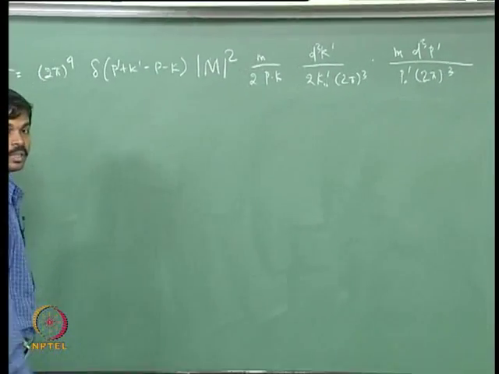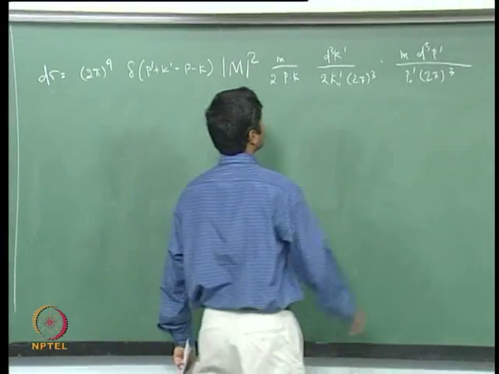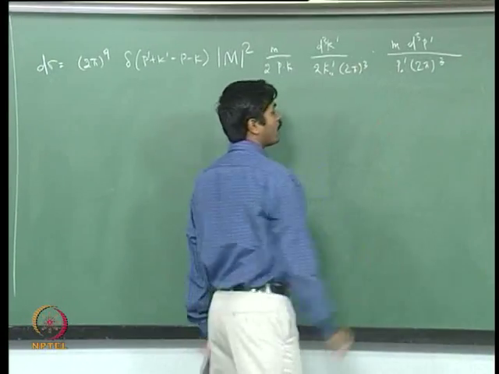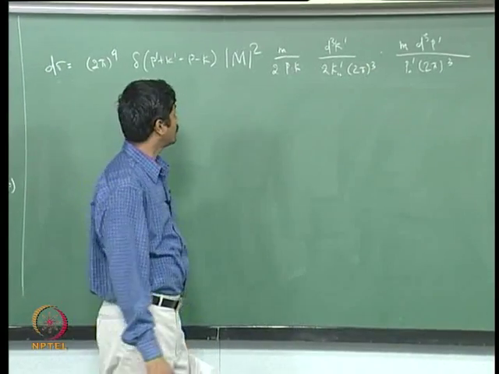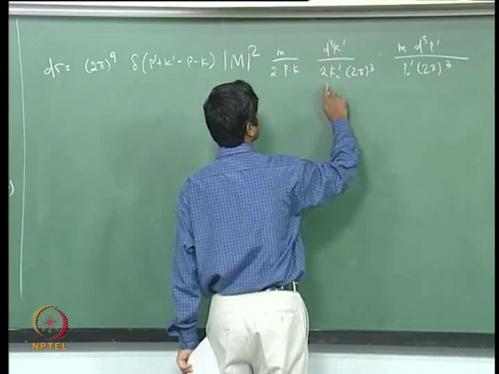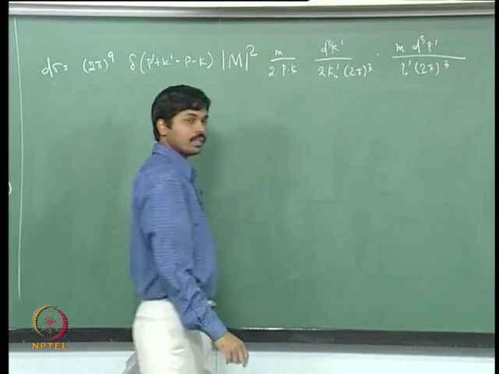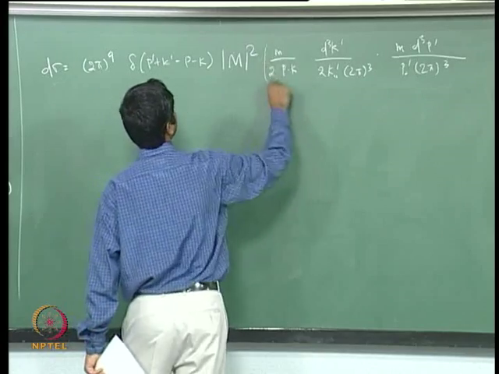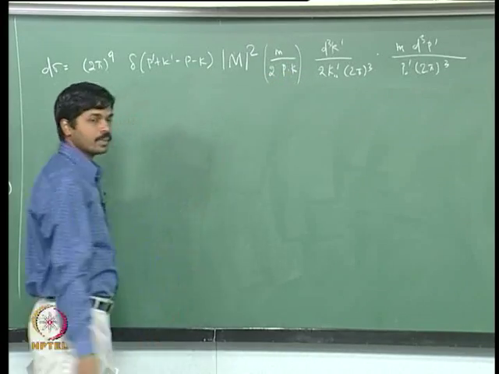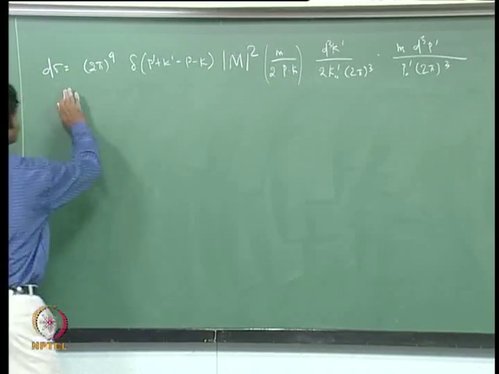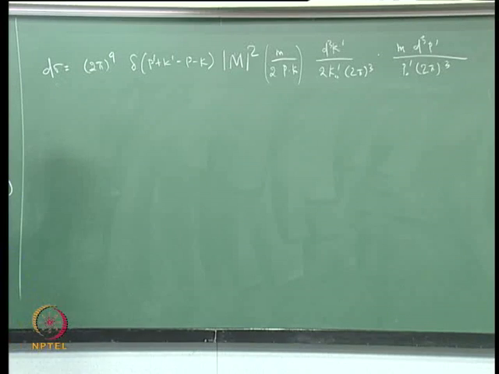You have an outgoing bosonic particle and one outgoing fermionic particle. So, accordingly your normalizations actually differ here, and then you have this appropriate factor which we have derived in one of these earlier lectures. This is the differential scattering cross section.